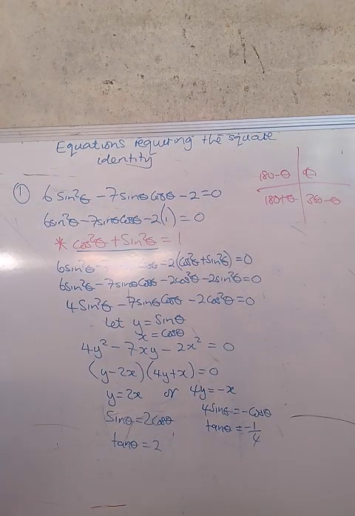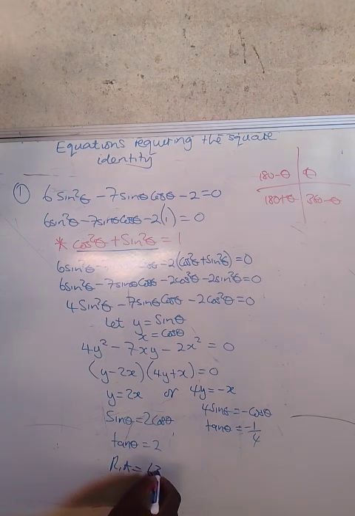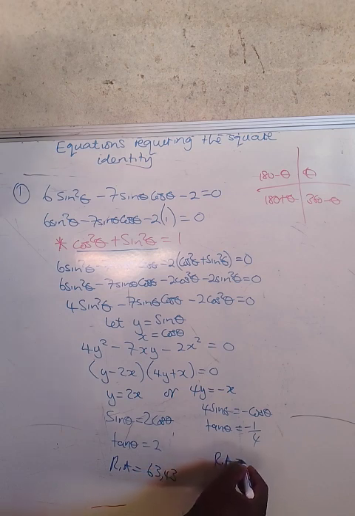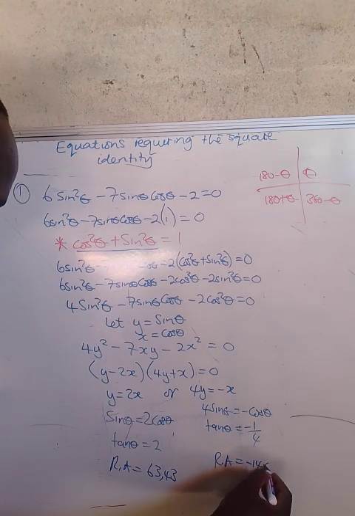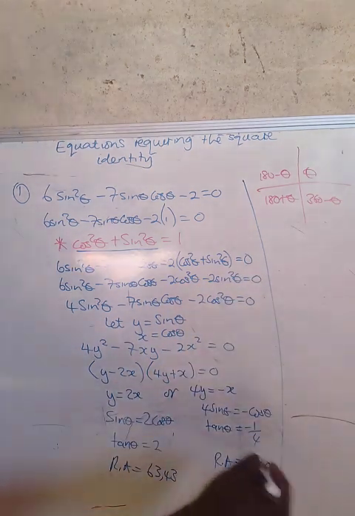So we can just use A1. Our reference angle for tan theta is equal to 2 is 63.43. And our reference angle here is minus 14.04.